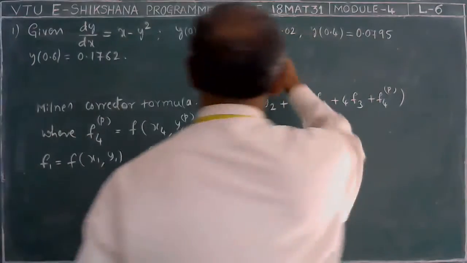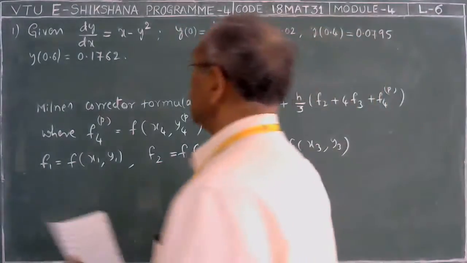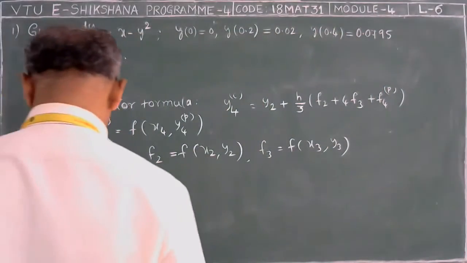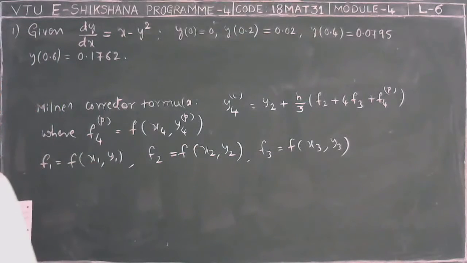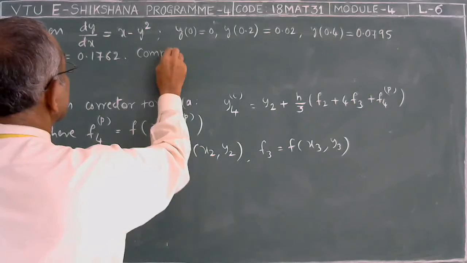These are the sequence of values required to find the value at the next point, x is 0.8.